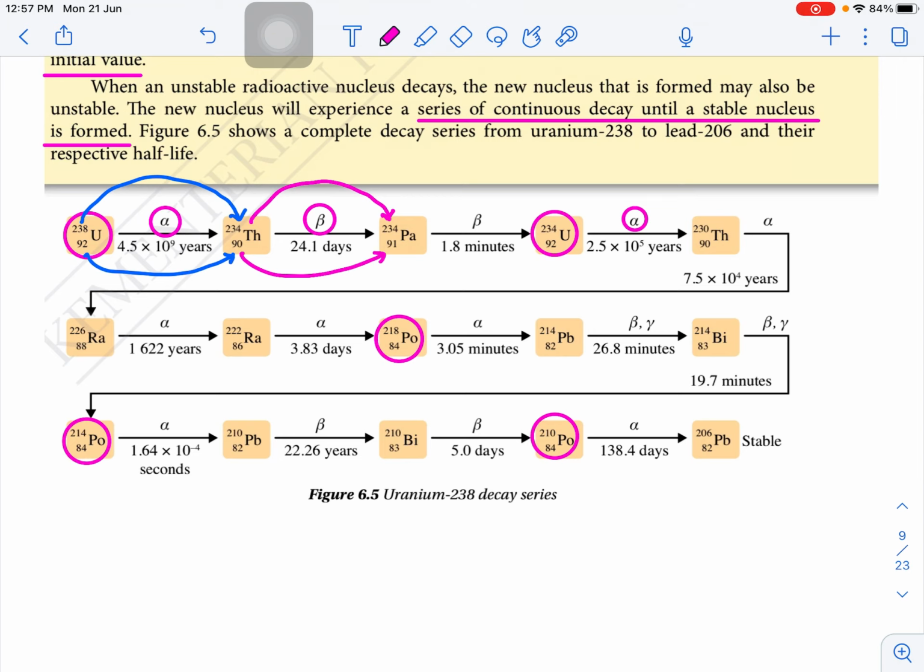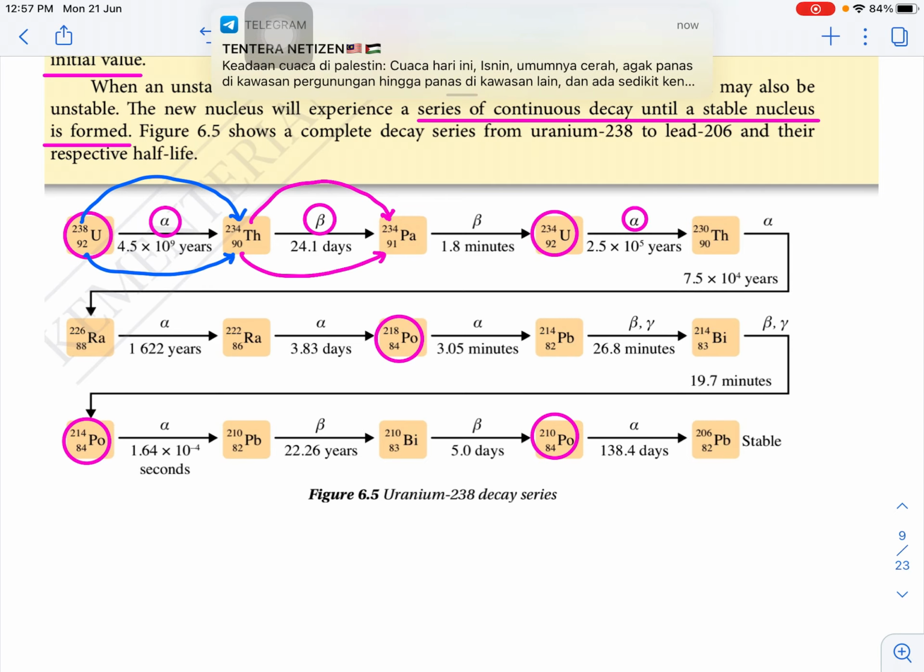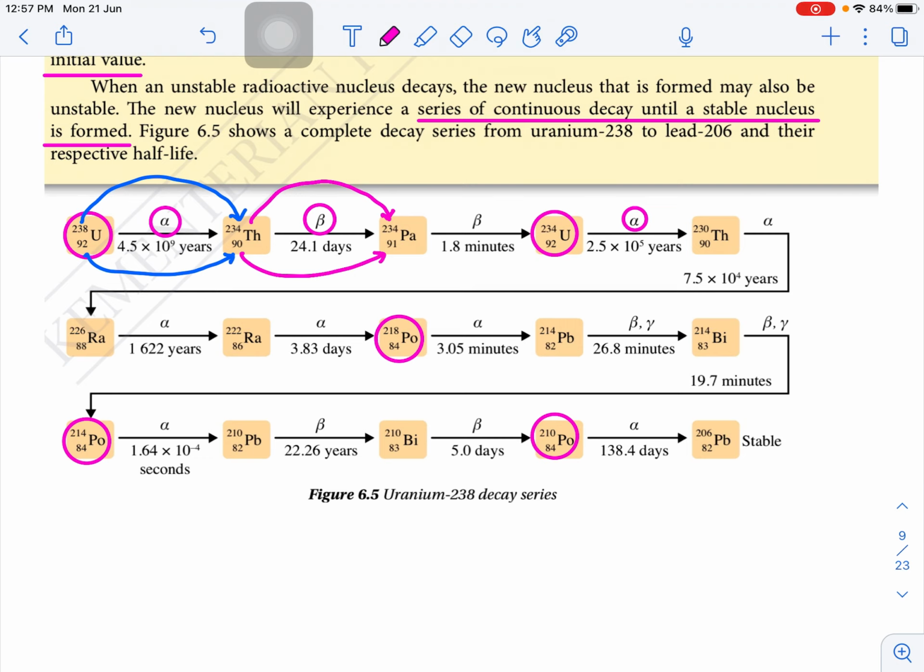Pa here is protactinium. So from thorium-234-90 to 234-91 protactinium, the half-life of thorium-234 is 24.1 days. It means that every 24.1 days, the number of thorium atoms will become half of its original number.